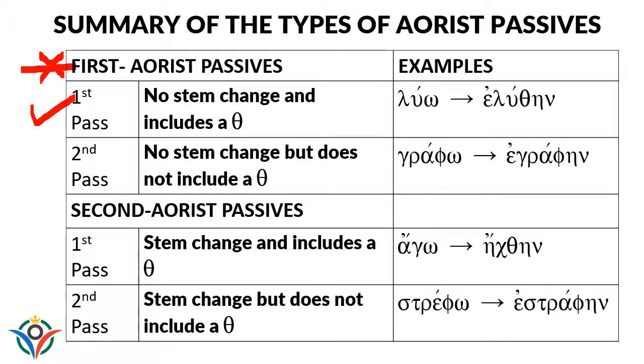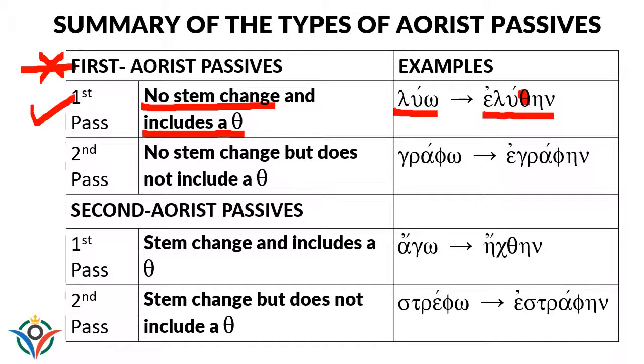And what does that actually mean? It means that there is no stem change and includes a theta. So there's an example. Luo becomes eluthēn. So no stem change and it includes a theta.